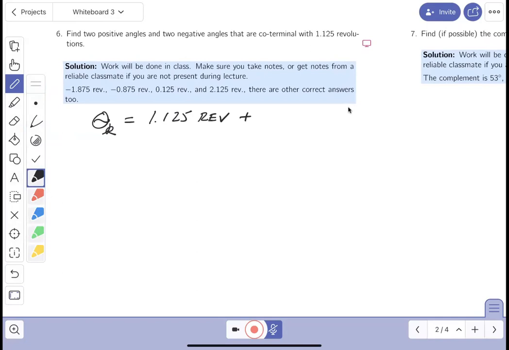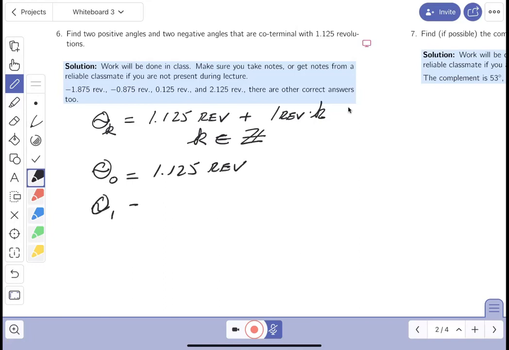So I'm going to say in general, we're rotating 1 rev, and then the number k over here, with the understanding that k is an integer. All right, so k is some integer. Let's write this down. Theta sub 0, well, that's easy. 1.125 rev.